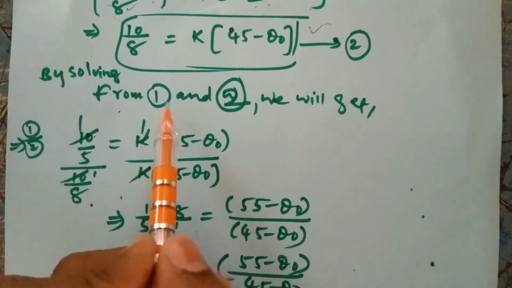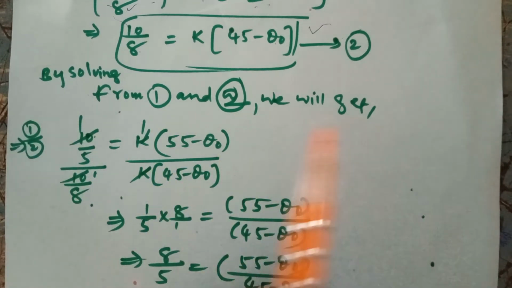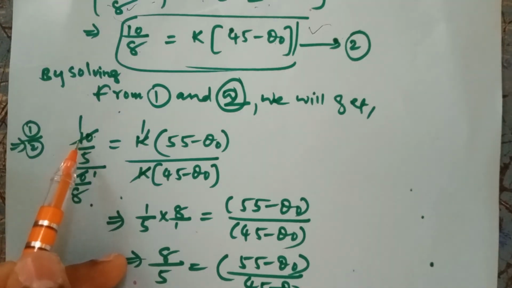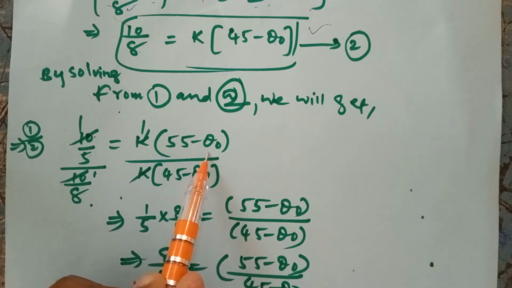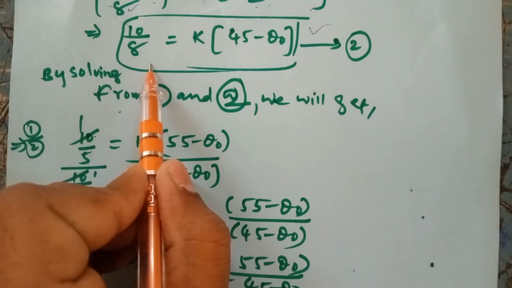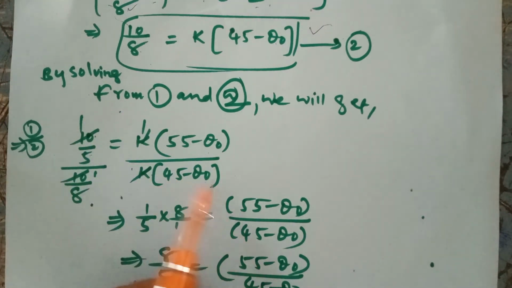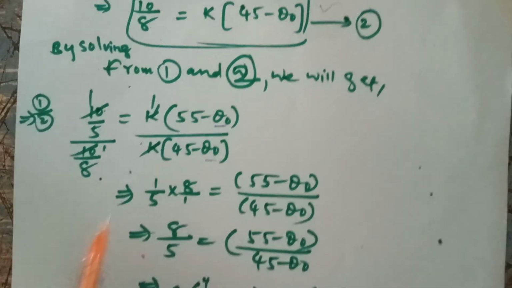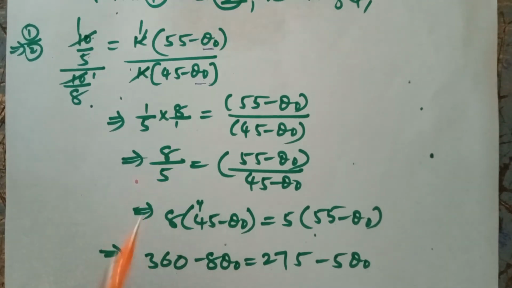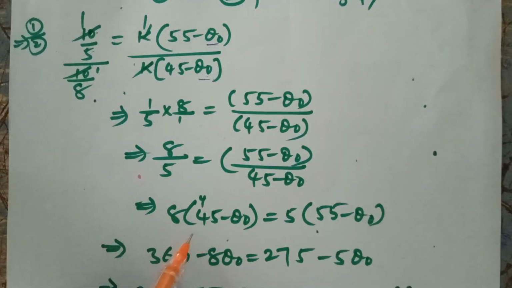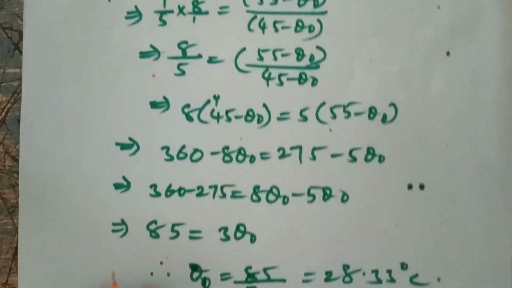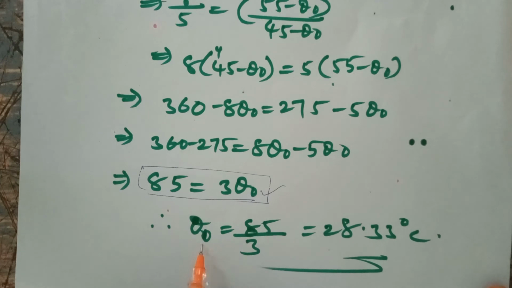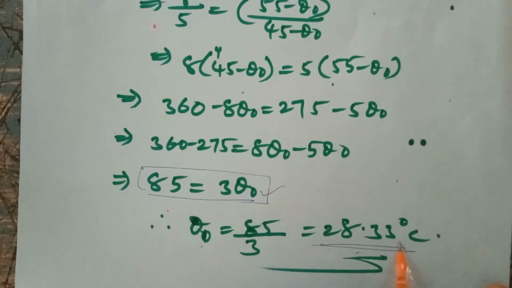By solving equations 1 and 2, dividing 1 by 2: the first equation is 10 by 5 equal to k into (55 minus θ0), the second is 10 by 8 equal to k into (45 minus θ0). From this we have to find the θ0 value. The k terms cancel. When we simplify, finally we get 85 is equal to 3θ0. From this, θ0 is equal to 28.33 degrees Celsius.